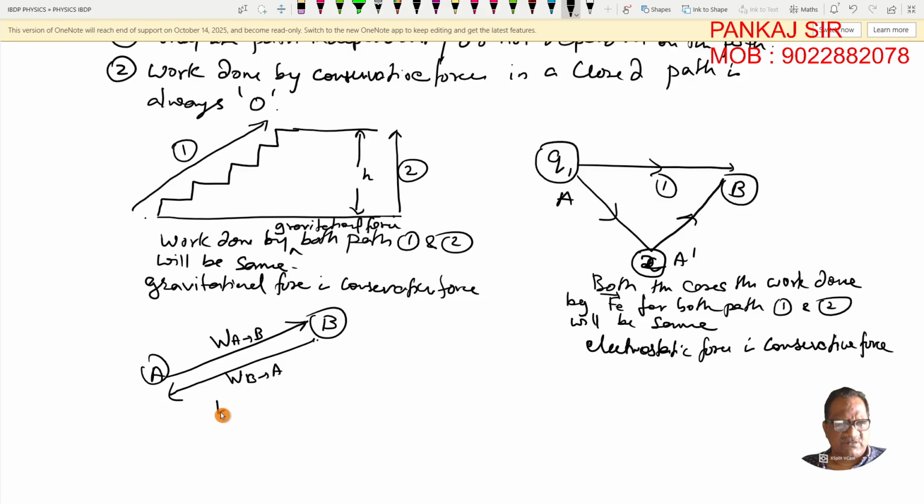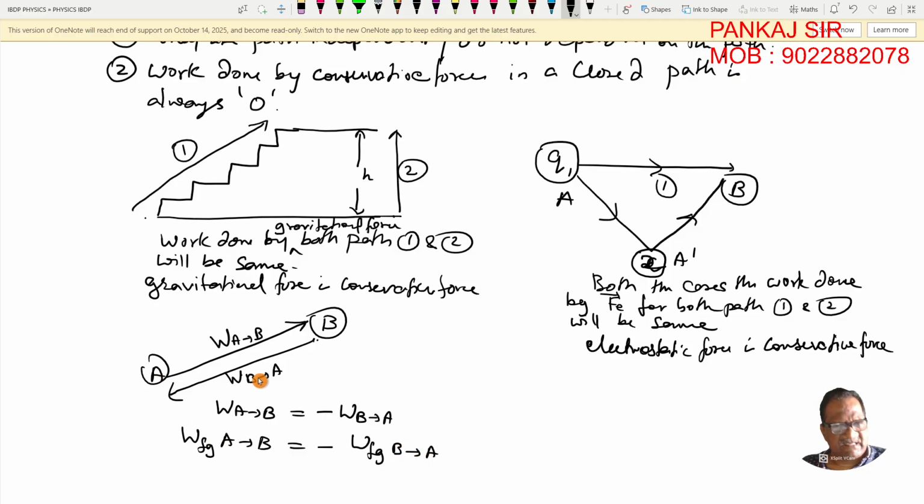So work done from A to B is equal to negative of work done from B to A. This happens in the case of a conservative force. So the work done by the gravitational force Fg in going from A to B will be equal to minus of the work done by the gravitational force in coming back from B to A.